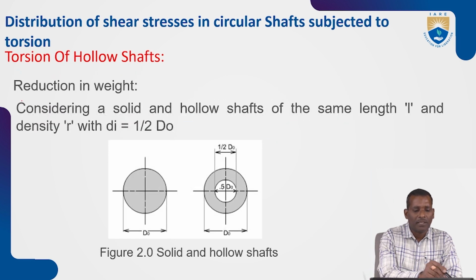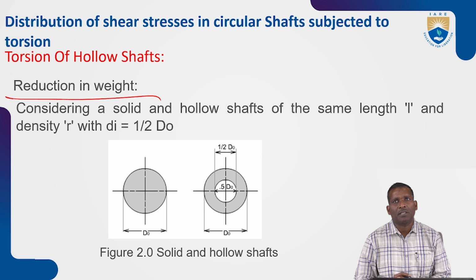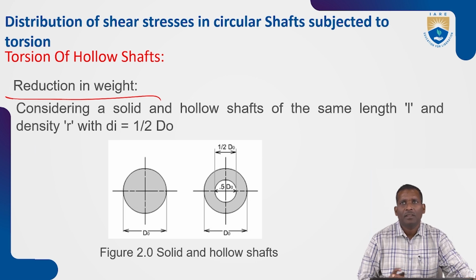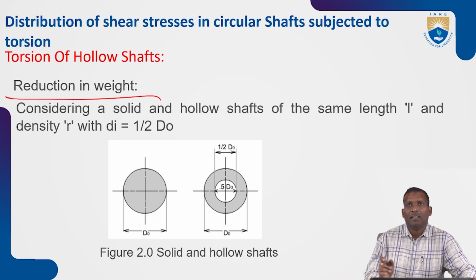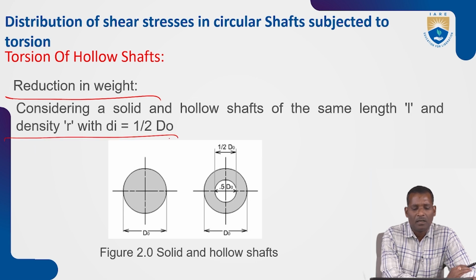So the next one is reduction in weight. Consider a solid and a hollow shaft of the same length L, and the density is rho, with Di equal to D naught by 2.